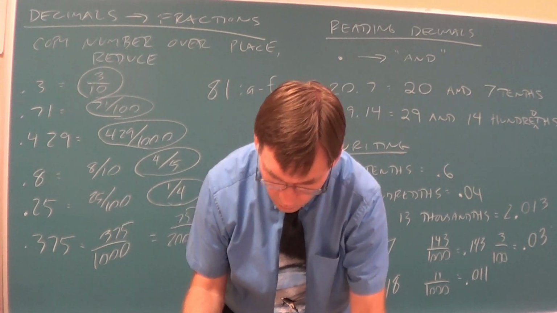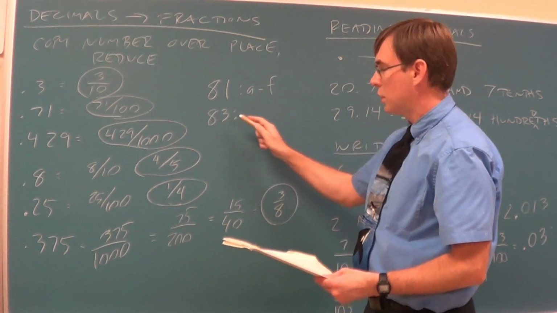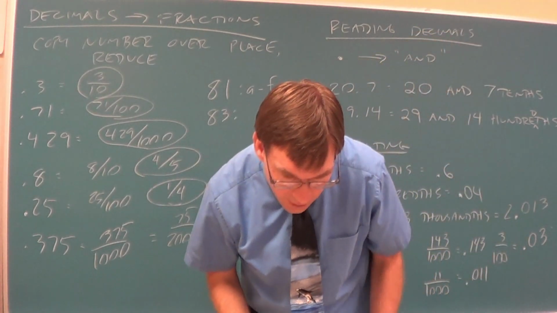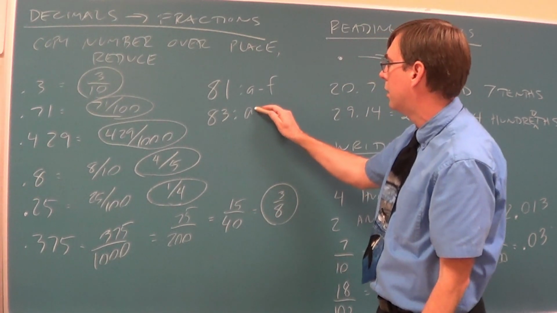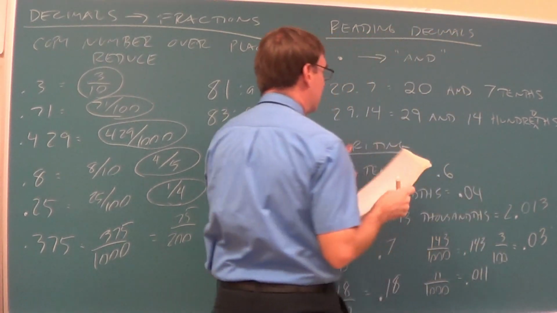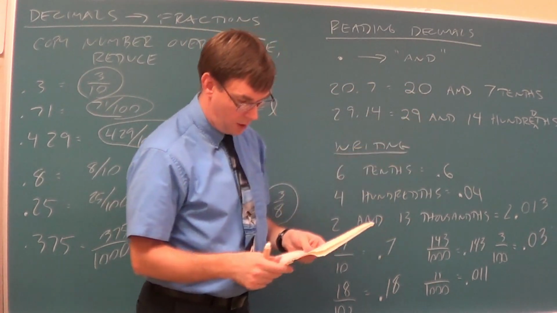There's more letters there, but we're not doing them. 83, there's a lot of letters. We're going to do some of the letters. What the 83 letters have us doing on A to L is writing the words. They're going to give you a decimal. We're going to write the words.